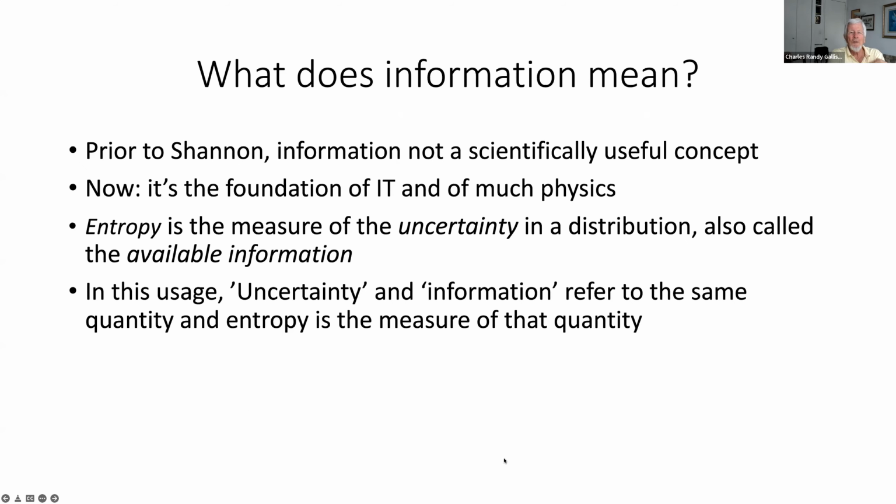So we're going to do information today, and information is tossed around all the time in cognitive science and neuroscience. But it's very unclear what people actually think they mean by it in many usages. Prior to Shannon, it was already very much in everyday usage, but it wasn't a scientifically useful concept.